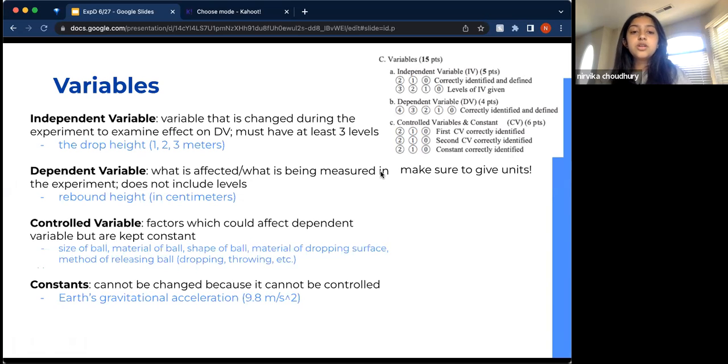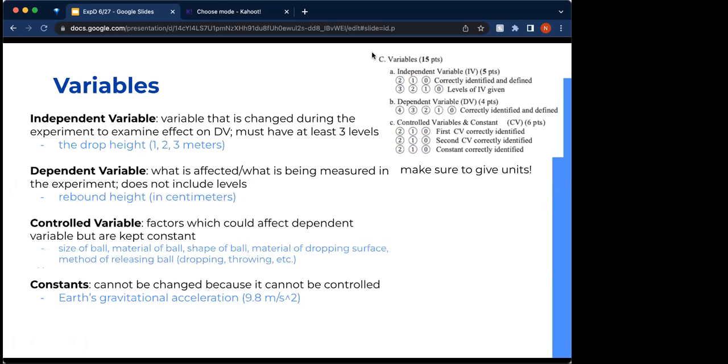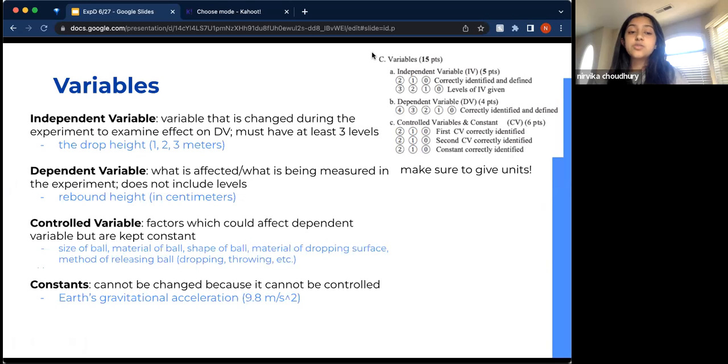The controlled variable is the factors which could affect the dependent variable but are kept constant. So in our case, it would be the size of the ball, material of the ball, shape of the ball, like that. You could change the size or the material of the ball, but in our experiment, we're keeping those constant. Constants cannot be changed because they cannot be controlled. Like the Earth's gravitational acceleration, 9.8 meters per second squared, we cannot change that. That's why it's a constant.